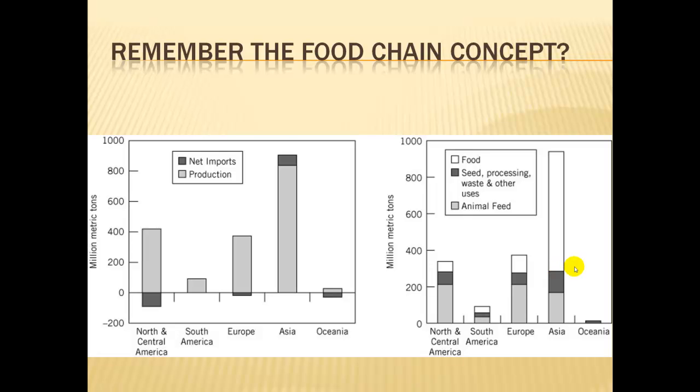Now, why is that a big deal? Because, going back to some of the readings you had at the very beginning of the semester about water issues and the like, this means that as Asian countries such as China, India, and Vietnam become more and more wealthy, they're going to start consuming more and more meat. And if they're consuming more meat, where is that grain going to come from if they're having to import it already?